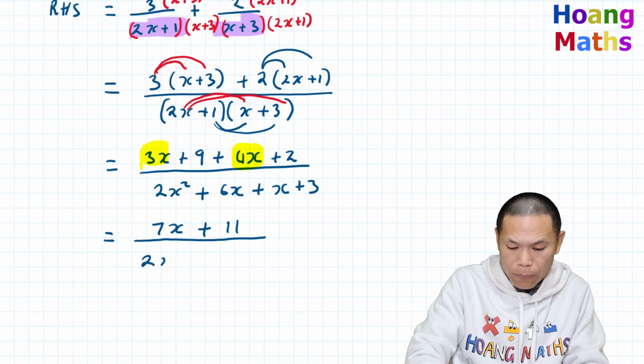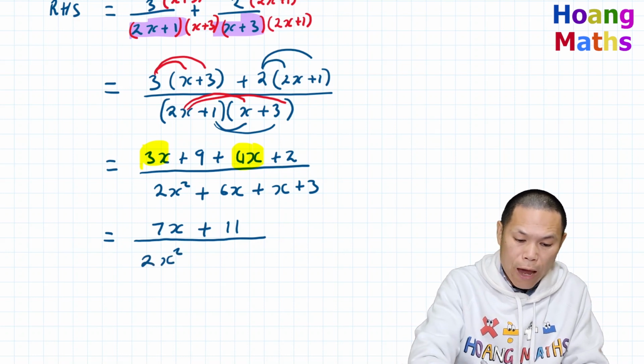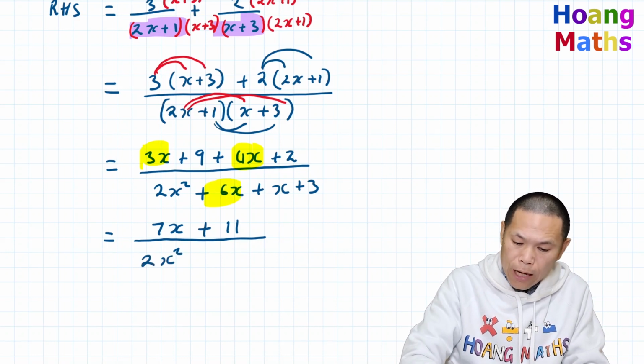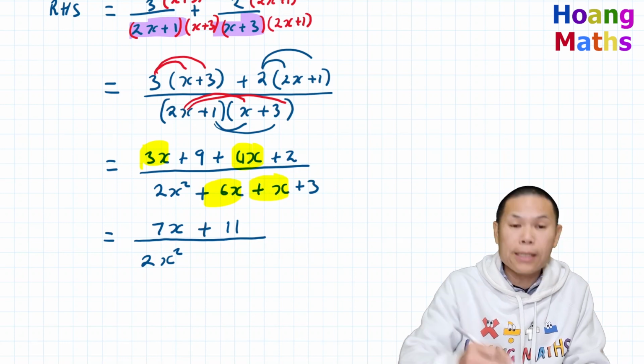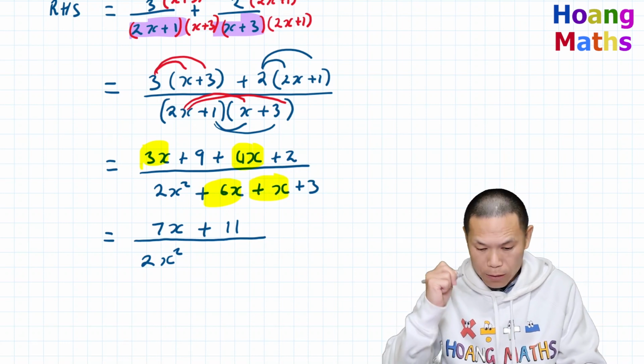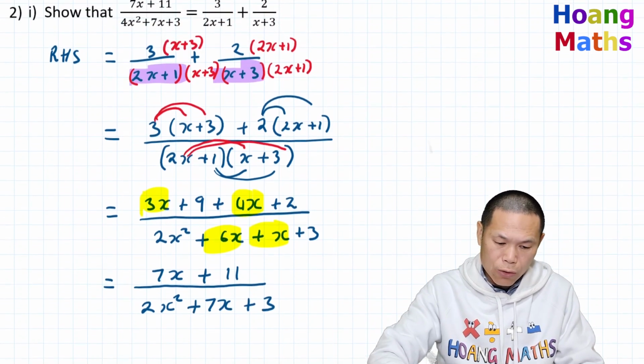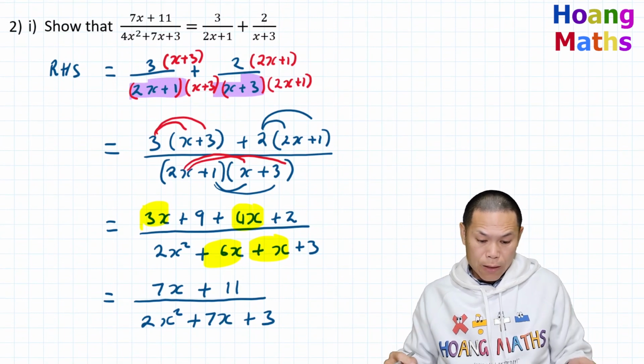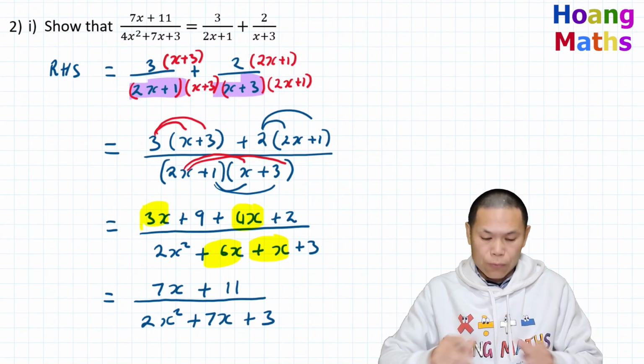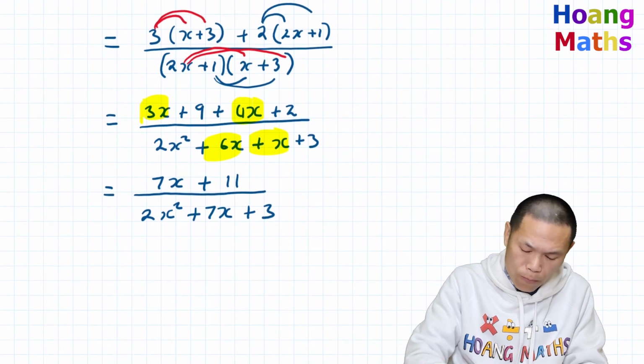We just write this down. And then what we have now is 6x, and we add another x, will give me 7x. So 7x, we add 3. So is that equal to the left hand side? So there you go.